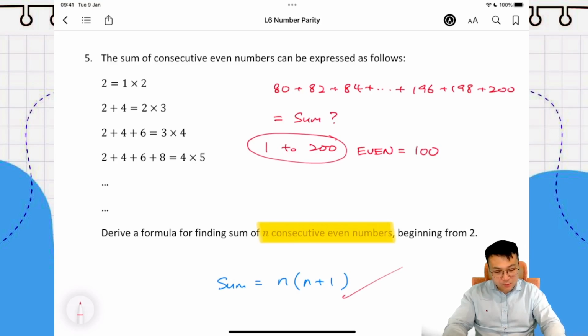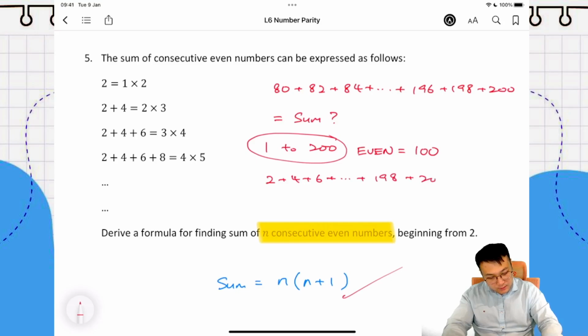Okay, Lian, there are 100 even numbers. So if I were to add all the numbers from 2 all the way till 200, what formula can I use? I can use this formula, right, Lian?